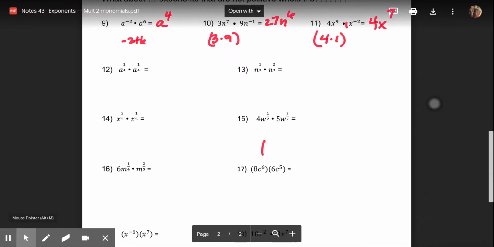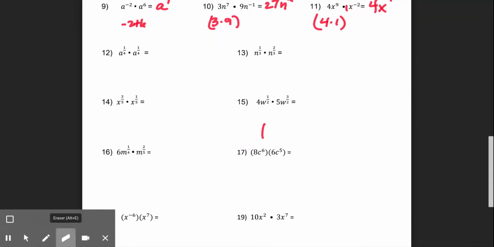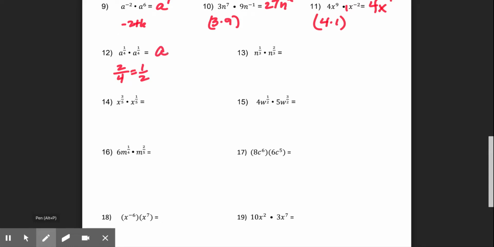All right, number 12. Now here you have a fraction, your favorite, right? So we have 1/4 plus 1/4 gives you 2/4, but then that can be reduced to 1/2. So you'd have a raised to the 1/2 power.